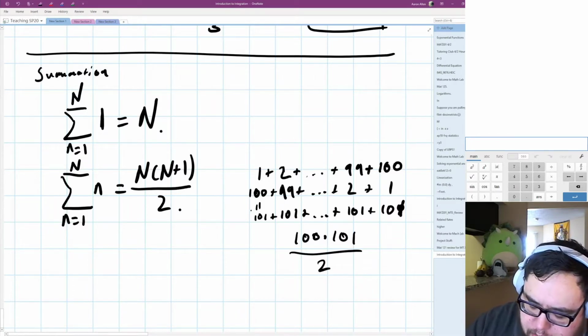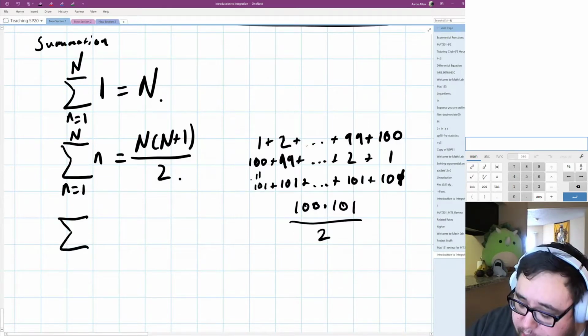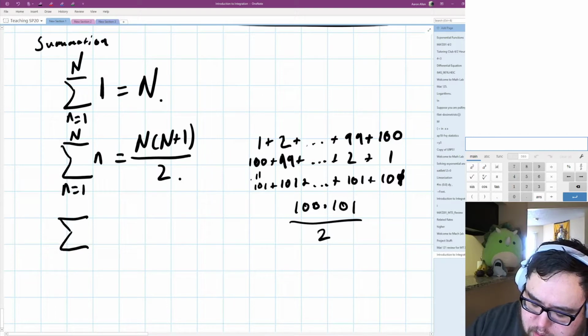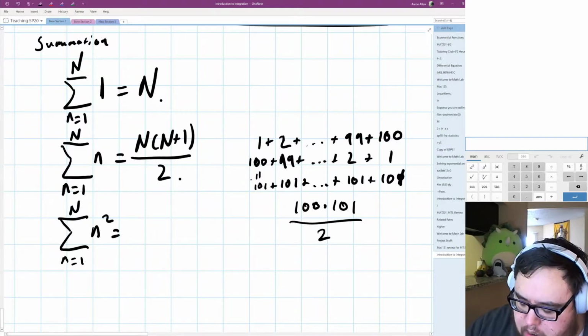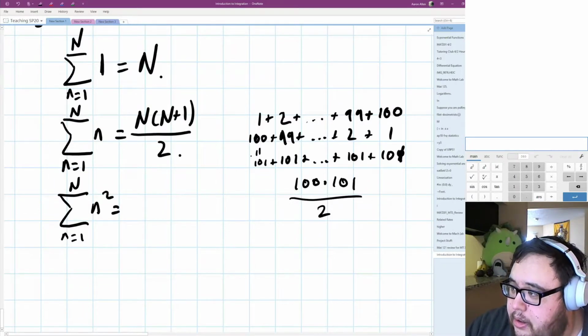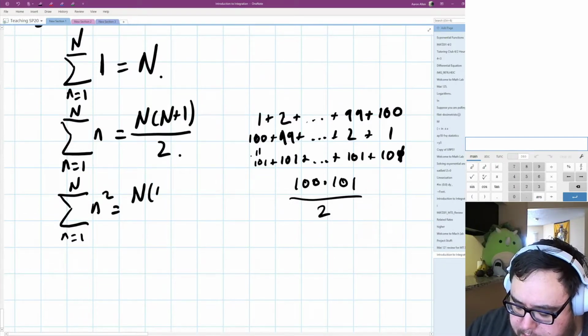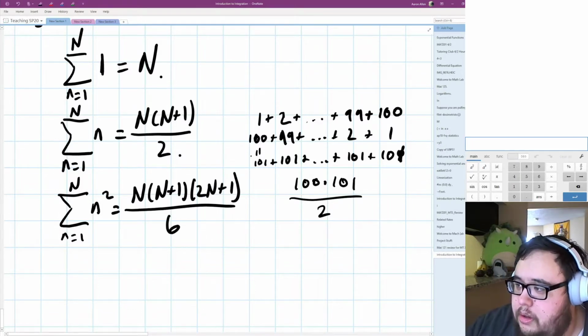There's also a formula for the sum of consecutive squares from 1 to big N. That's big N times big N plus 1 times 2 times big N plus 1 divided by 6.